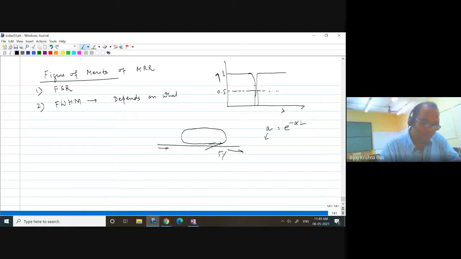So once I push in an electromagnetic wave, it keeps running as a traveling wave inside, but every round trip it comes to the coupler, it loses something. So this coupler also contributes to loss. The coupler helps me couple light inside, and depending on its value, it also determines how much energy you can store inside.